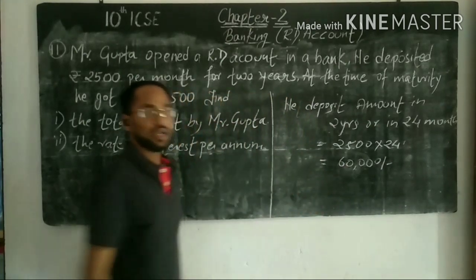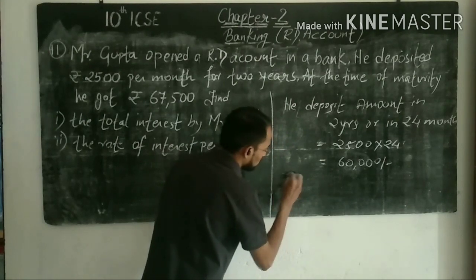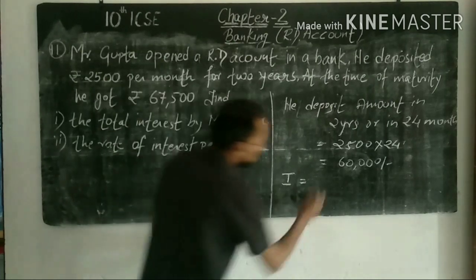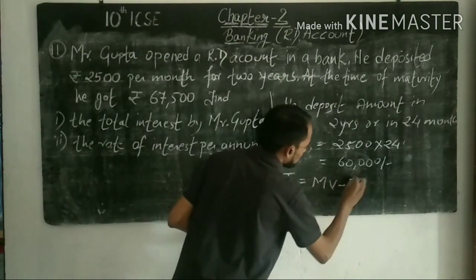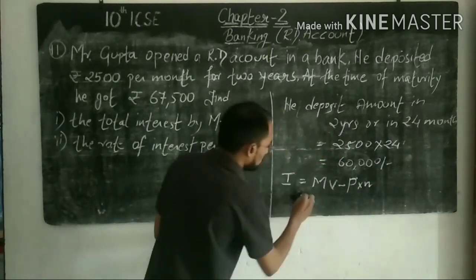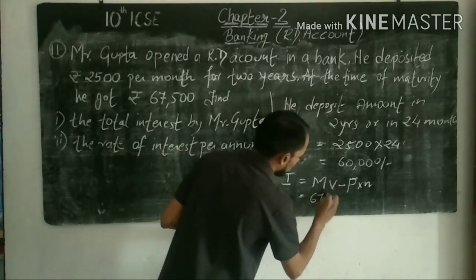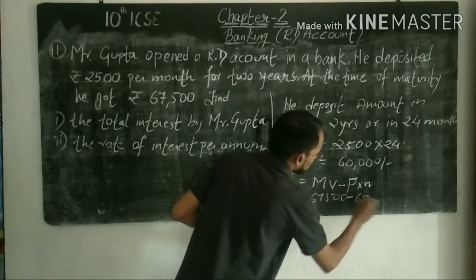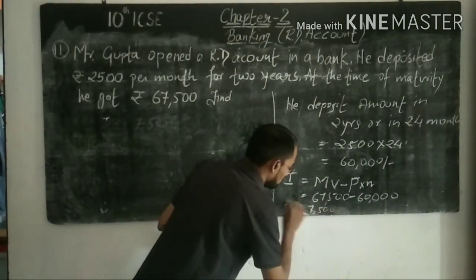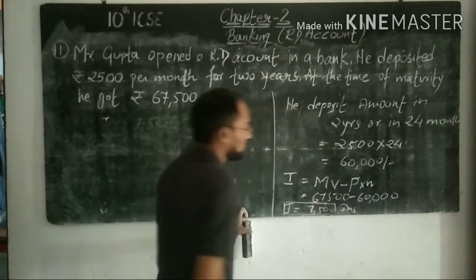So this amount he deposited in 2 years, and the interest he gets is the maturity value minus the principal into time, which is 60,000. So 67,500 minus 60,000. Mr. Gupta obtained 7,500 rupees, which is the answer of the first part of question number 11.